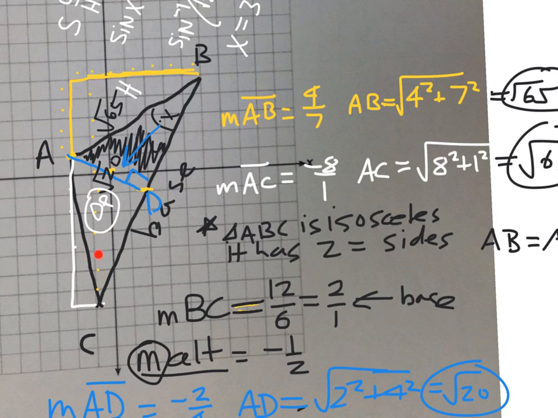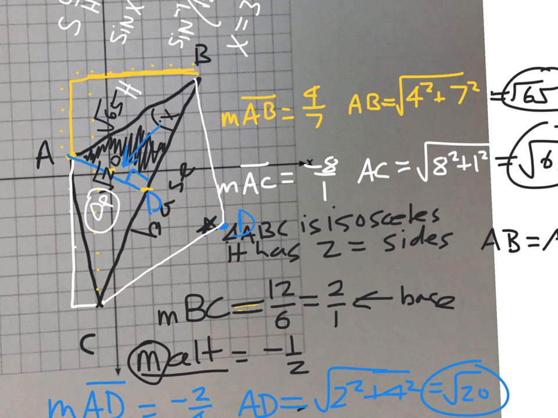So 1, 2, 3, 4 over 1, 2, 3, 4, 5, 6, 7. So the point D that they were looking for would be right there. I can connect the points to make the shape, and it certainly does look like A, B, D, C is forming a parallelogram.